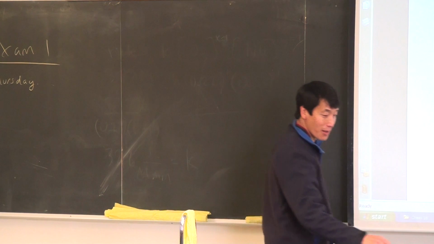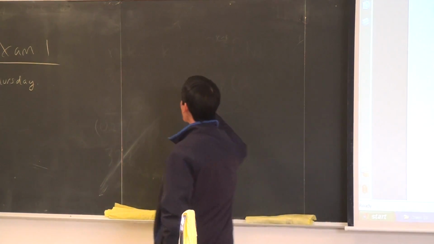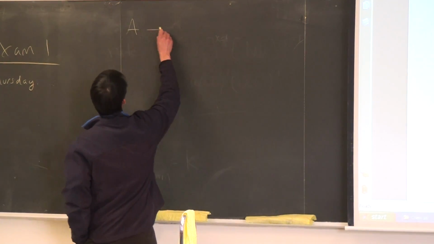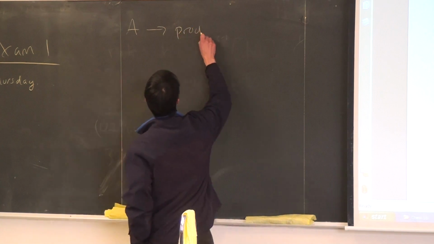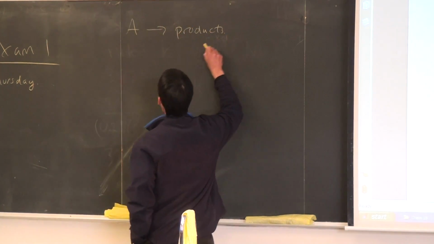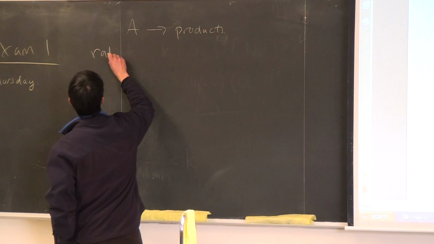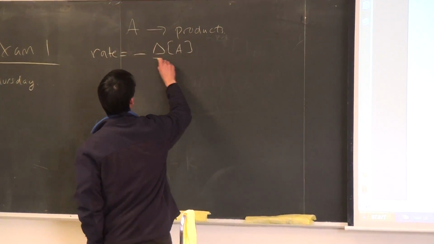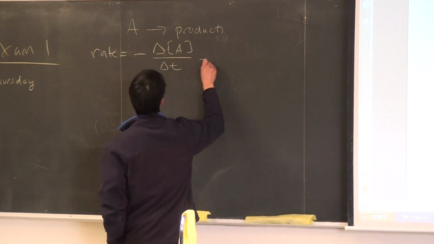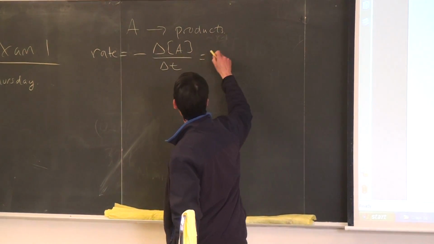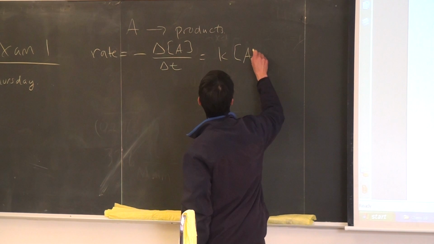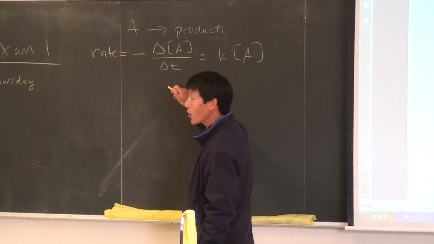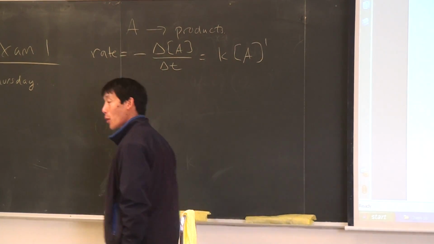integrals. Okay, so in this rate, you have A going to products. So here's our rate. The rate is equal to the change in concentration of A with respect to t, and that's equal to K times the concentration of A. And let's assume it's first order, so our exponent is going to be 1.